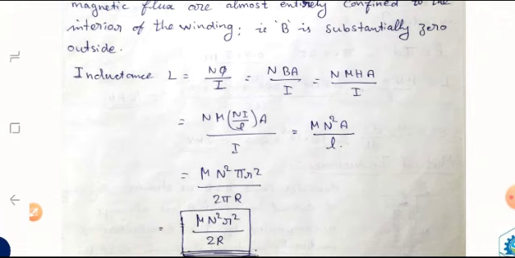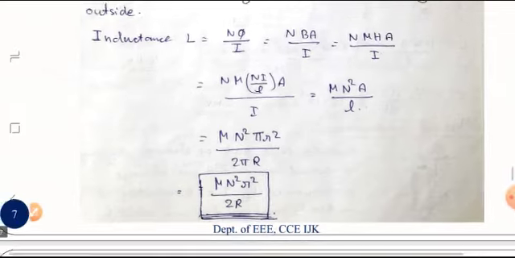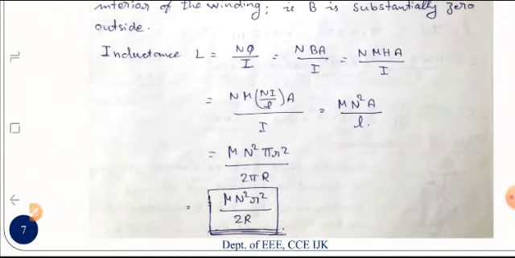So in this mu n square A by L, what is the difference over here? For the toroid, the area of cross section A becomes pi r square, and the length is the perimeter of the toroid, that becomes 2 pi r. So substituting those values, we are getting it as mu n square r square by 2R, where capital R is the mean radius of the toroid.